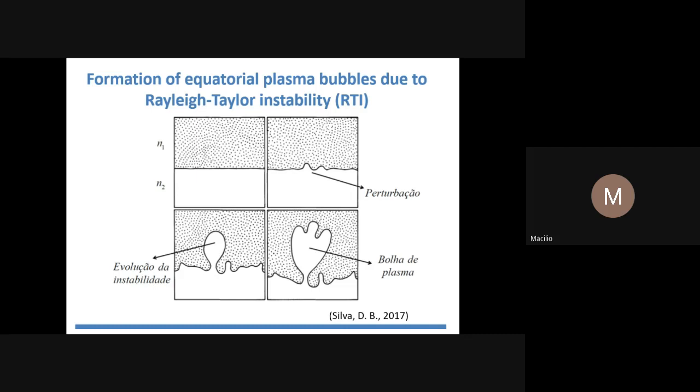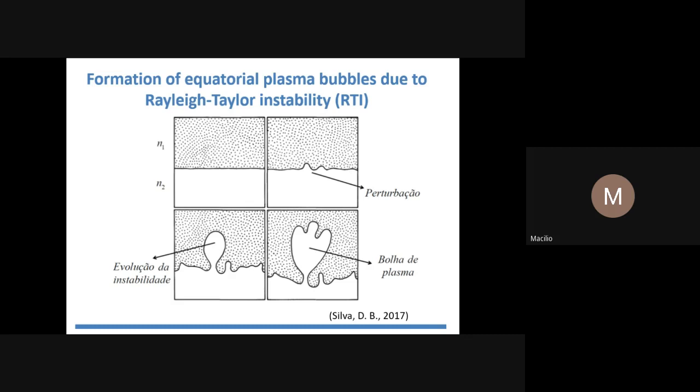We have a disturbance. This disturbance evolves like this, and finally we have a big plasma bubble.